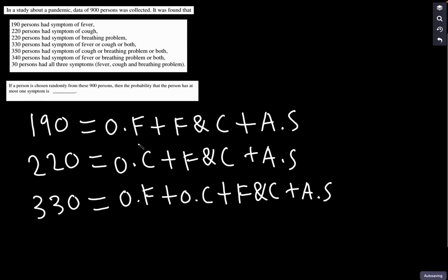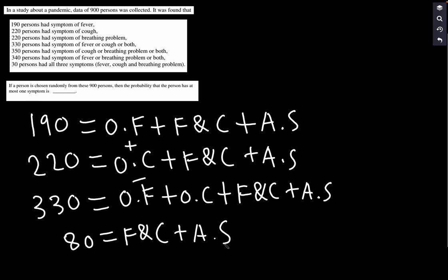Now, if we add the first equation and the second equation and subtract the third equation, what we get is 80, which equals F and C plus A, all symptoms.